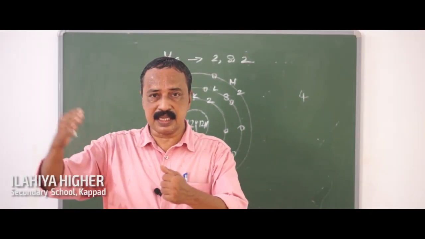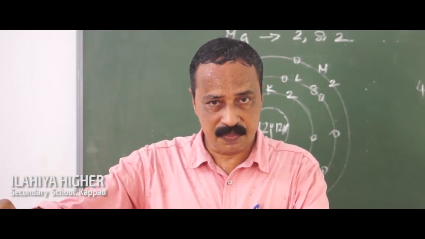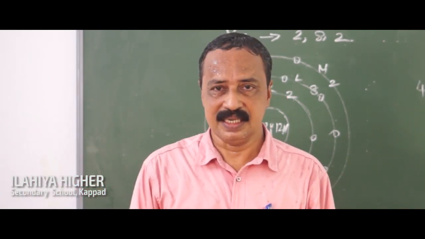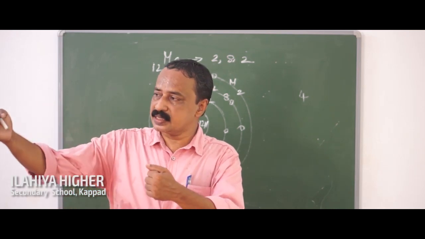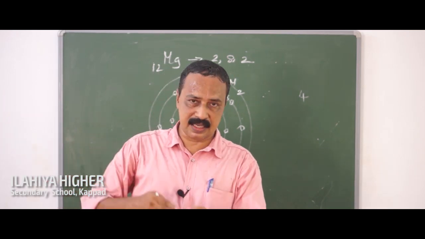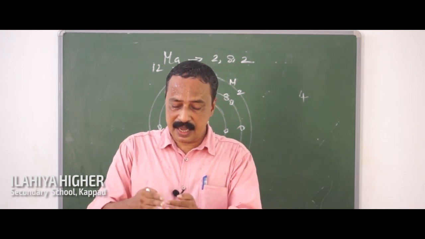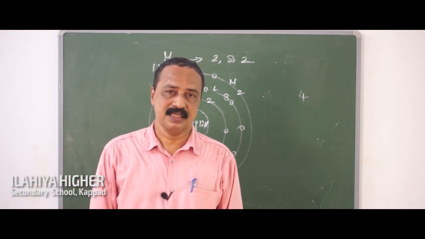As the distance increases, the energy of electrons in the shell increases. As the distance increases, the force of attraction between the nucleus and the electron decreases. That's the main point.